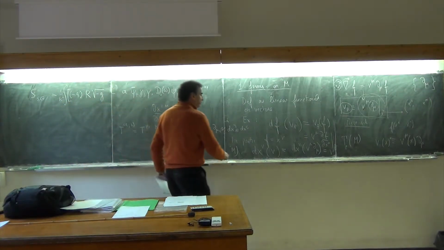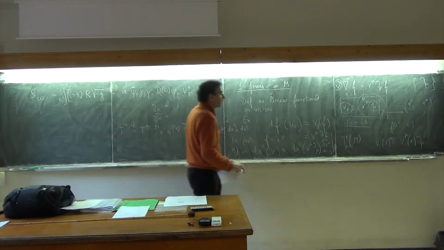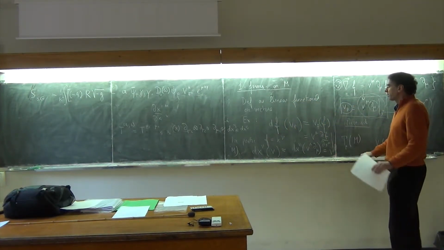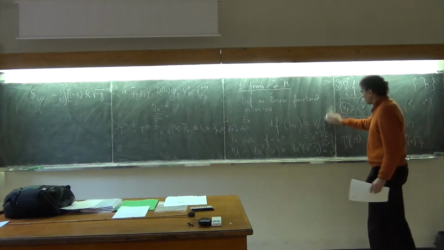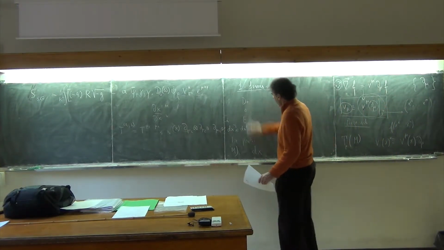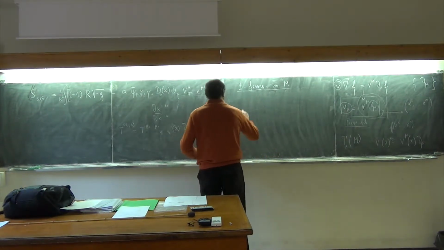Now, once you have one-forms, you can have p-forms by multiplying them, but we multiply them in an antisymmetric way, and this is called the exterior product. And the definition is this.